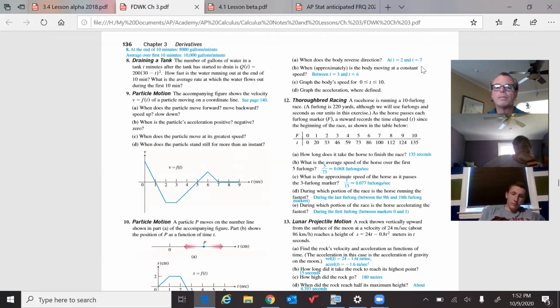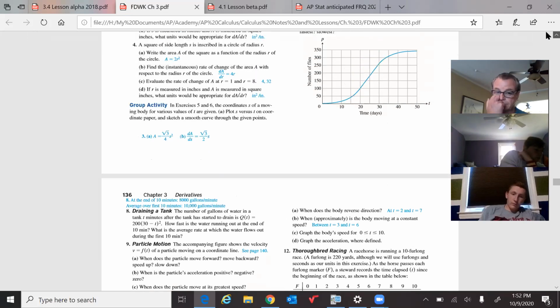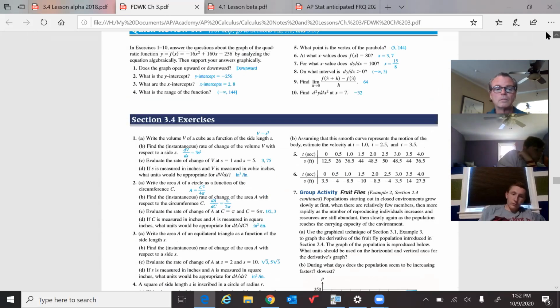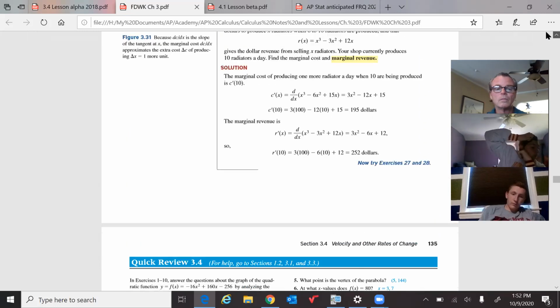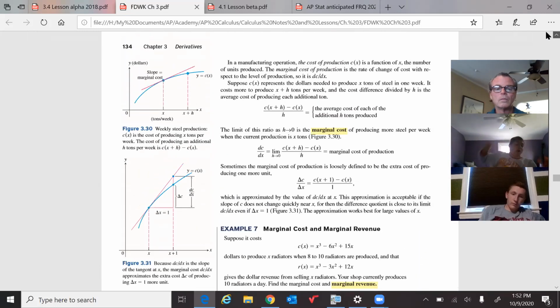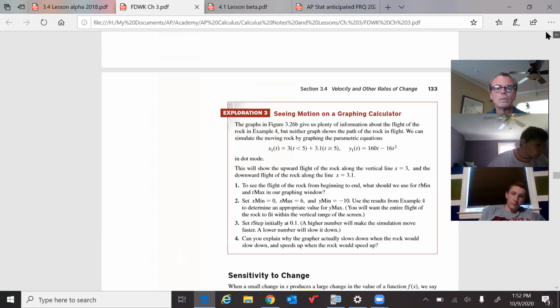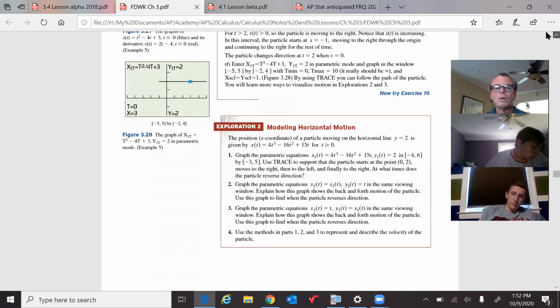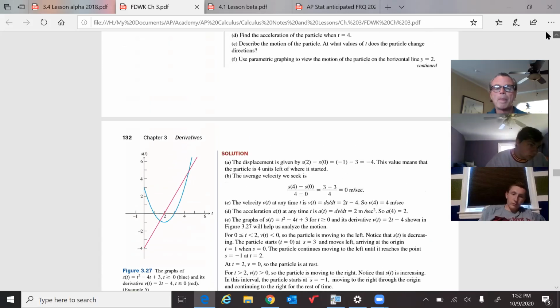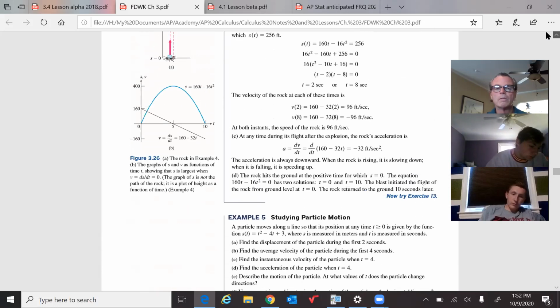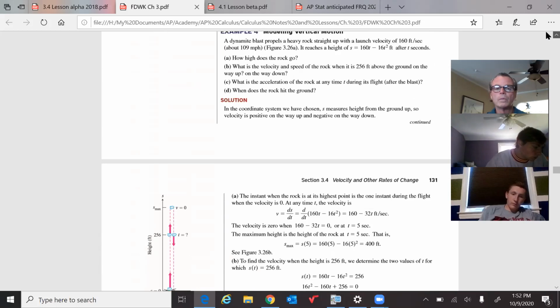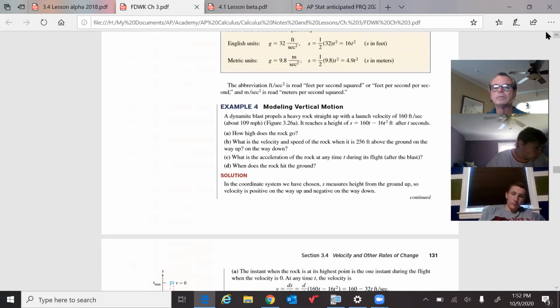Example 4. So example 4, ready? Here are the constants we talked about.